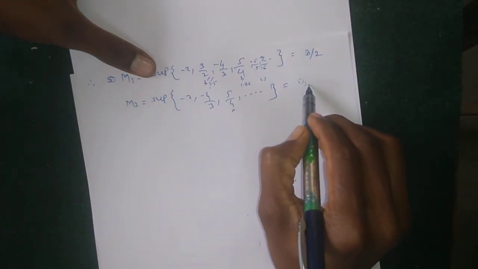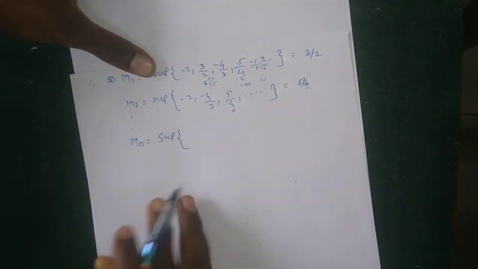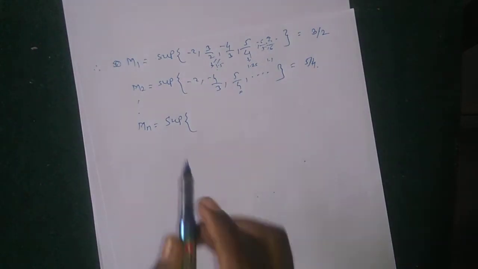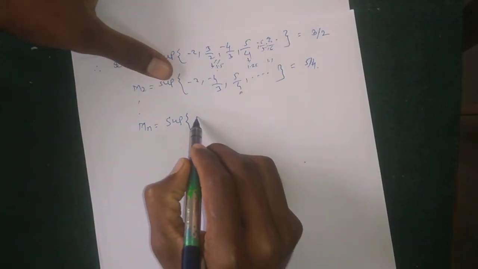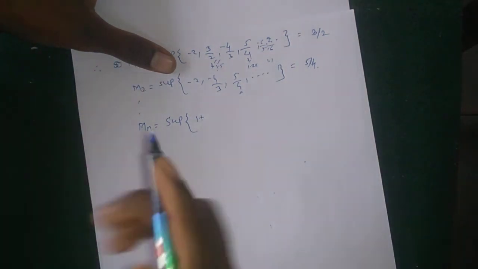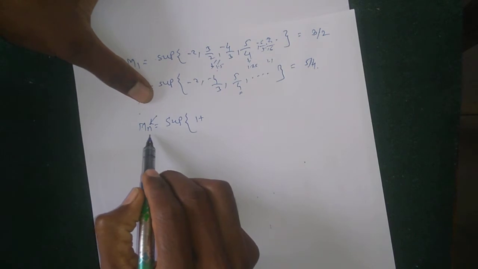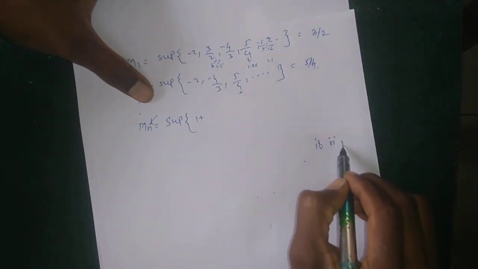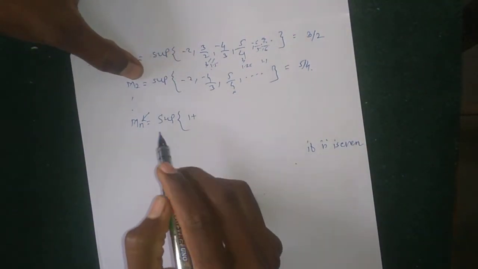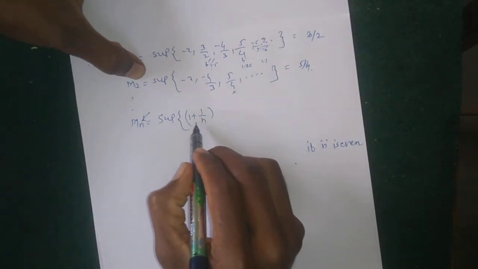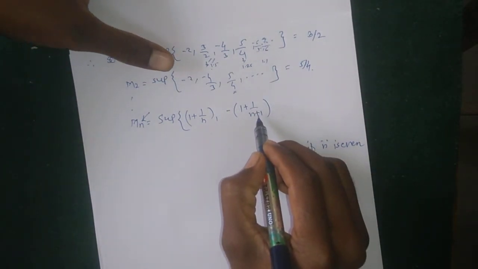Okay, lastly the value of Mn is the supremum of 1 plus 1 by n. Suppose n is even, then the first value must be 1 plus 1 by n, then the second value 1 plus 1 upon n plus 1, because this is the next value.